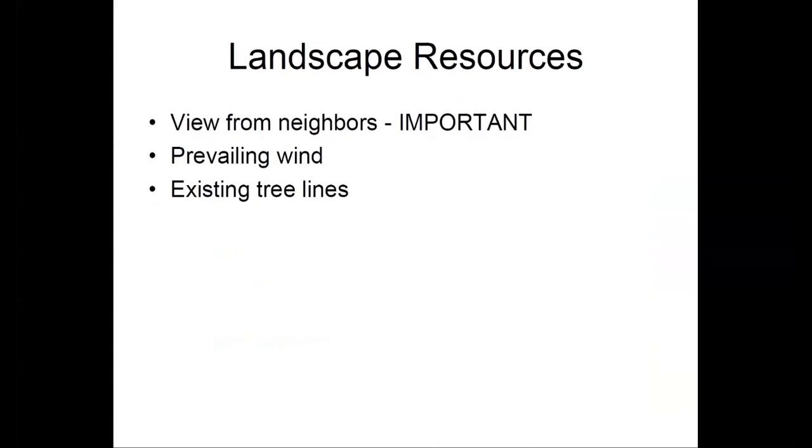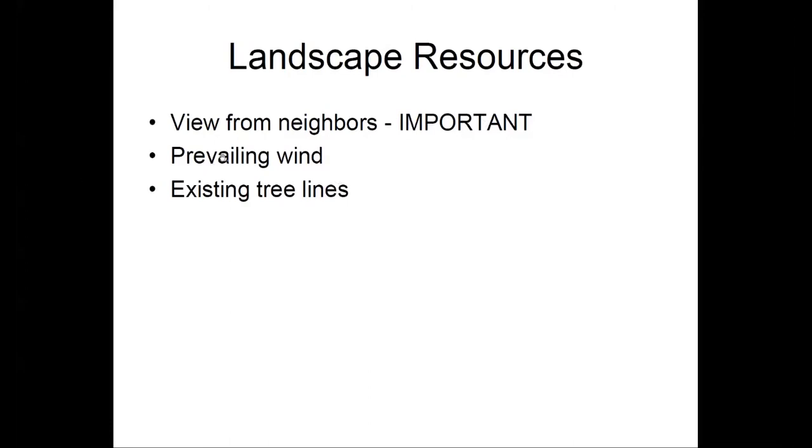Okay, your landscape resources. This is again getting into that neighbor issues. What's the view? It's very important that you know what the view from your neighbors is, because if your neighbors are up the hill from your farm, often the case, and they're overlooking your operation, you need to know where to site things, and you need to start thinking about things like visual breaks.